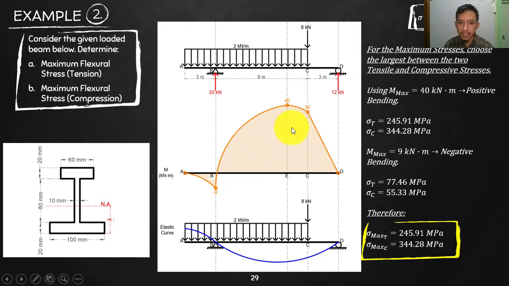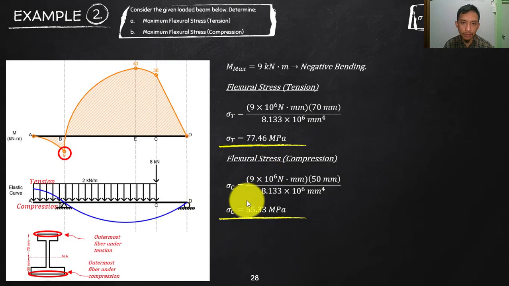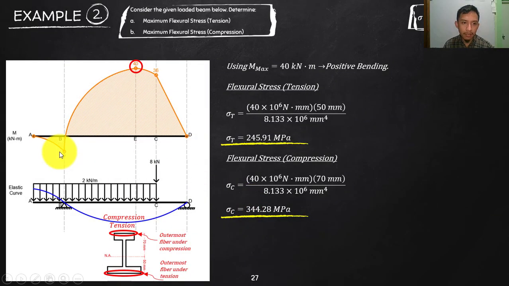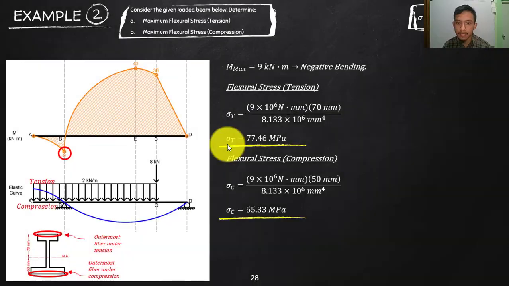You need to bear this in mind: in a negative, your top is tension, your below is compression. In a positive, your top is compression, below is tension. So you really need to evaluate the stresses of each of the maximum negative and positive before comparing which one will be giving us the maximum.